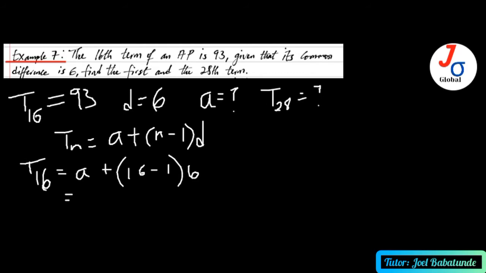So can we find our A? Remember that T16 is equal to 93. So then we have A plus 16 minus 1, which is 15, times 6. I'll put that into brackets, and I have 93.